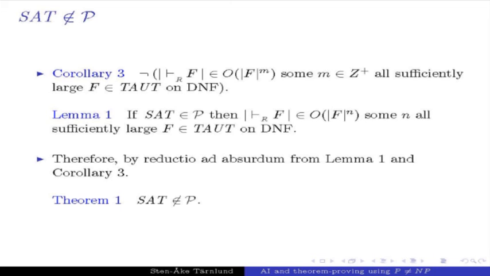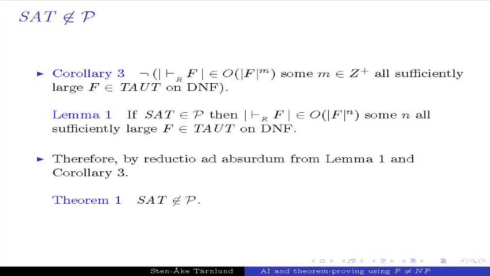Okay, now from this, if SAT is in P, then for all sufficiently large tautologies, there exists a proof in Robinson resolution of F in polynomial size. But Hawkins says that not all sufficiently large tautologies F on DNF have a Robinson resolution proof in polynomial size.